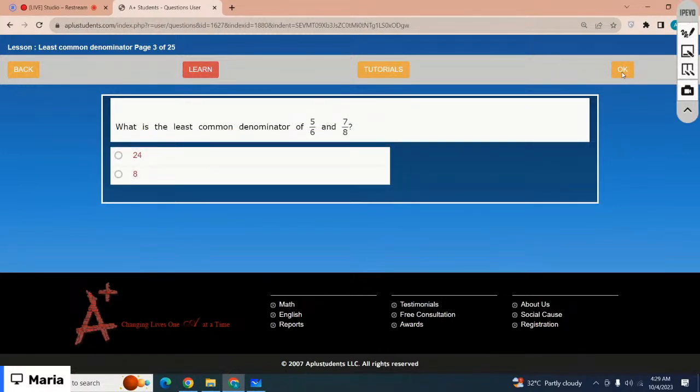What is the least common denominator of 5 by 6 and 7 over 8? Which is the correct option? Which is the option that is divisible by both 6 and 8?